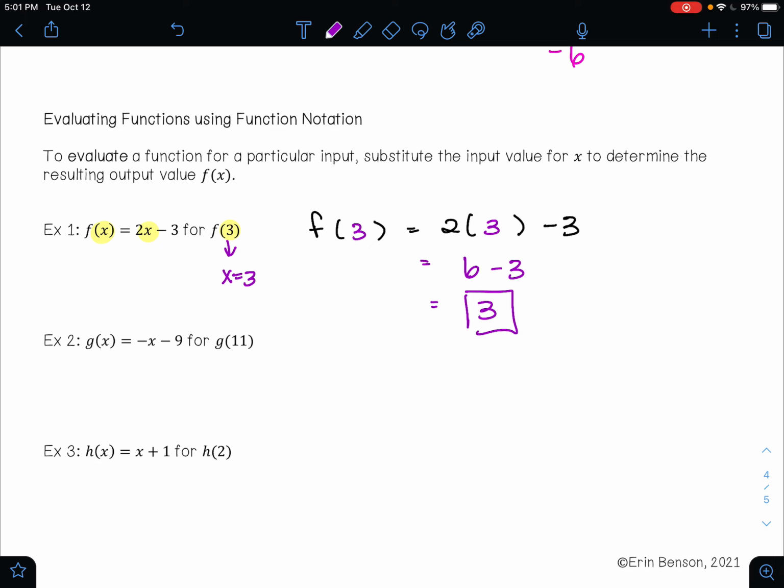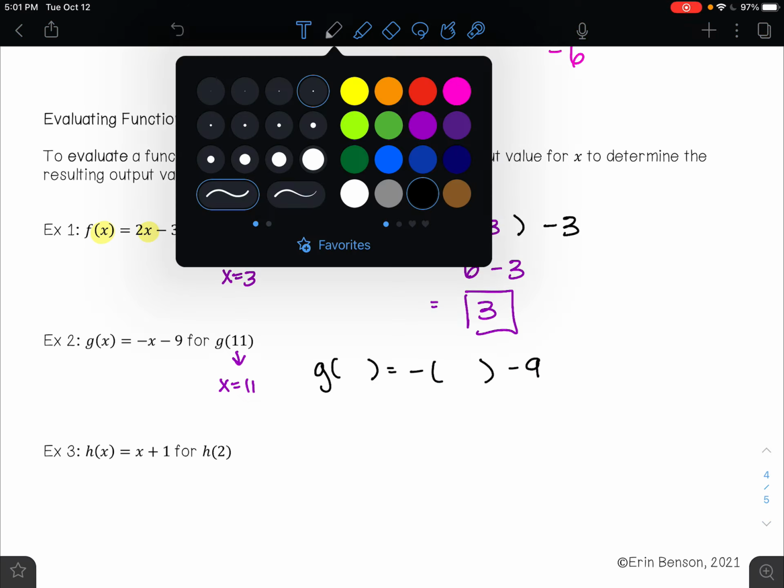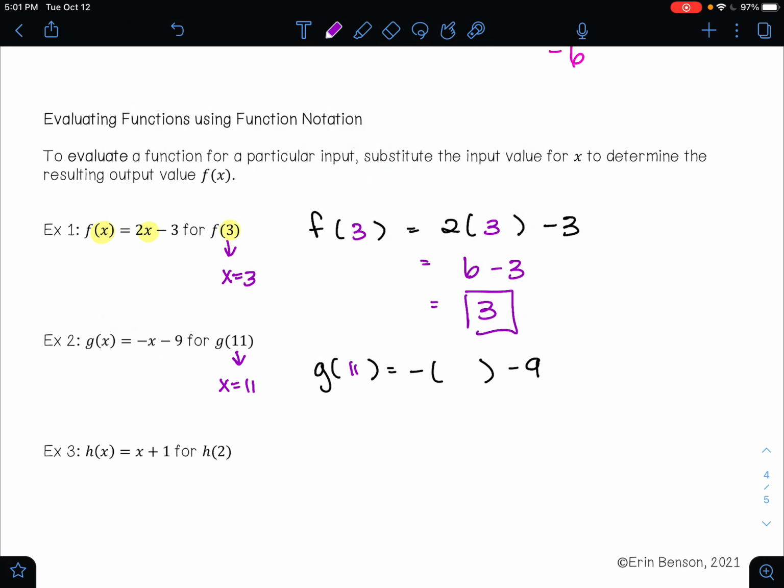Let's try that again for example 2. On example 2, we have g of x equals negative x minus 9 for g of 11. The 11 inside the parentheses tells us that x equals 11. So every time I see an x in g of x, I'm going to replace that x with an 11.